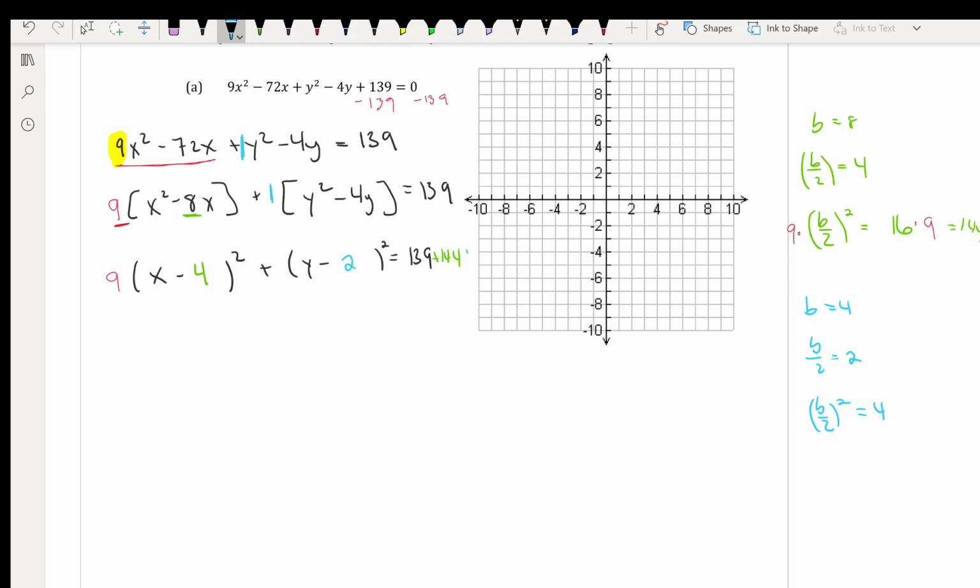And then I'm going to square it and add it to the opposite side, which is 4. So now I have 9 times x minus 4 squared plus y minus 2 squared is equal to, and I'm going to add all those numbers together. So I have 139 plus 144 plus 4. That's going to give me 287.